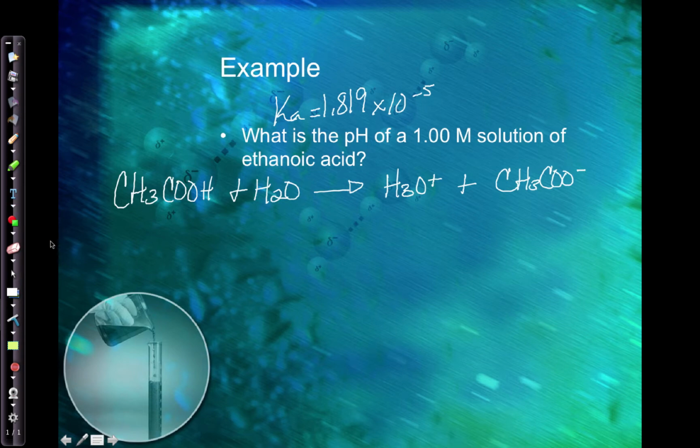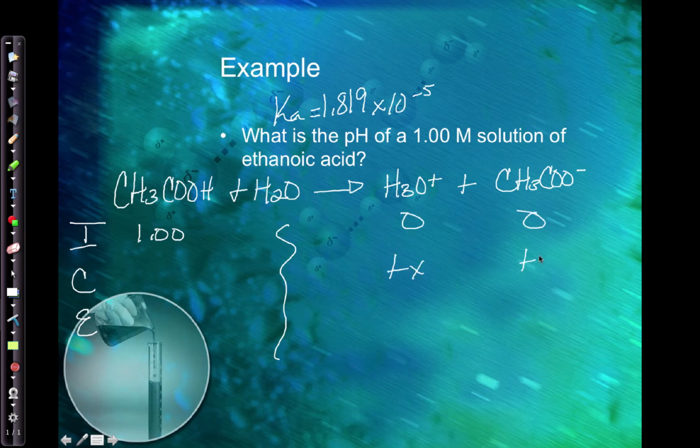All right, so now we're going to do our ICE table, because again, this is a weak acid, so that means I can't just simply plug 1 into the pH equation. So my initial concentration of acetic acid should be 1. Water doesn't matter. And 0 for both my products, which means I'm adding products. And I'm taking away the reactant. So 1.00 minus x.